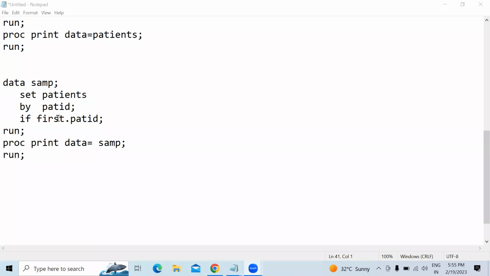If last dot. Okay. So for recalling purposes, I repeat all the statements once again. Data, let's say sample. Set patients, because you are passing the input of this one. By patient ID.